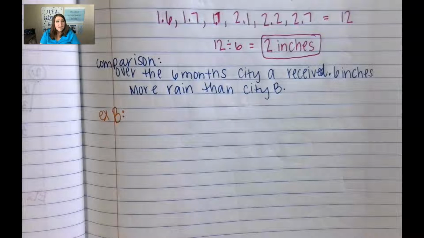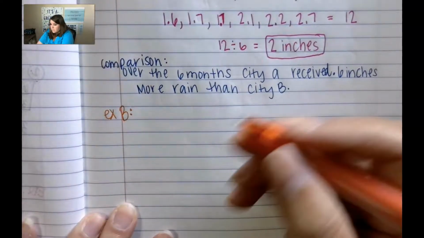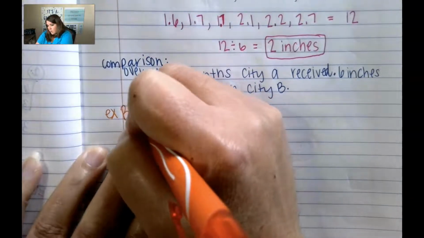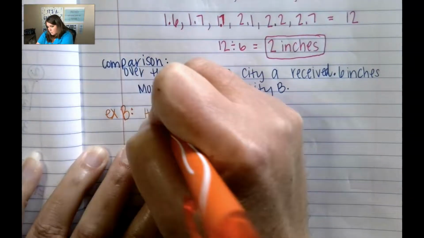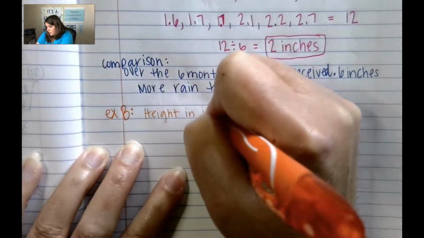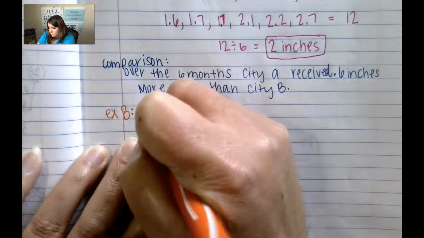Okay, so we had some ponies, and those ponies have some height. Not really, because they're short. Shetland ponies are short. So let's do height in inches of ponies. So these pony heights, we had 40.